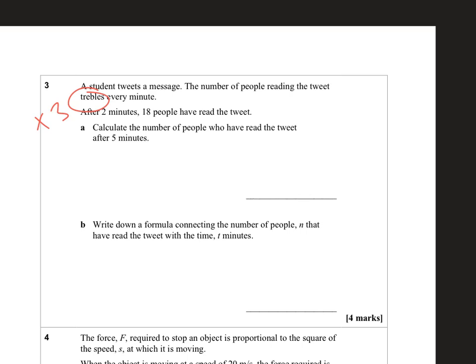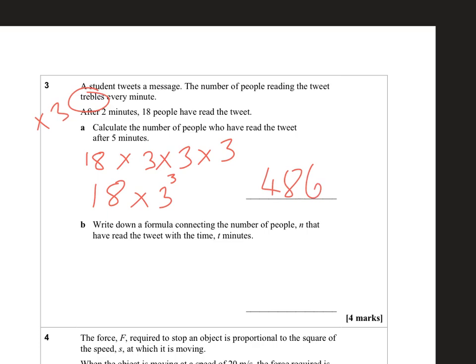Well, it trebles, so I could do 18 times 3 for 3 minutes, another 3 for 4 minutes, another 3 for 5 minutes, or I could just see that 5 minutes is 3 minutes after the original 2 minutes. Either way, I'm doing 18 times 27. So 486 people have read the tweet after 5 minutes.